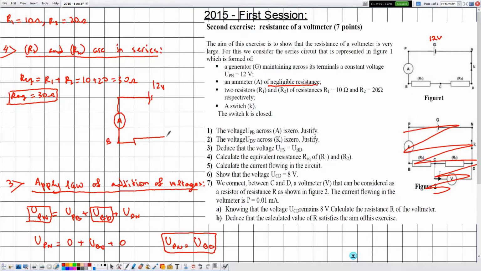This is Req, which is equal to 30 ohms. This is the point D, and between D and N we have a closed switch K.